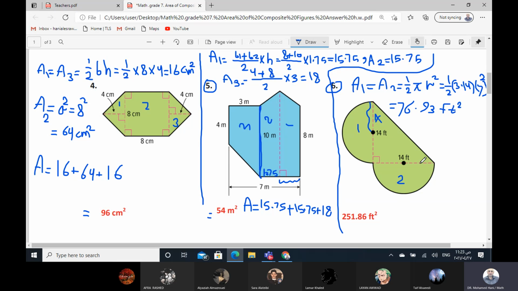Then we can calculate the area of the triangle, A3, will be 1/2 multiplied by the base multiplied by the height. So 1/2 multiplied by the base. The base, as you see, we have 14.